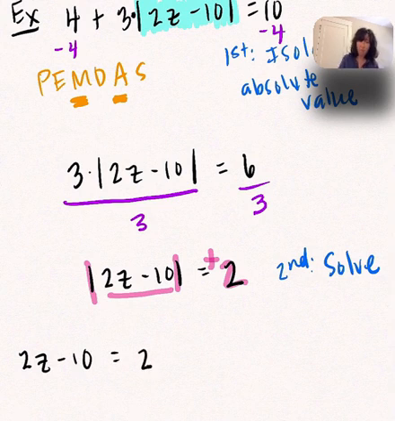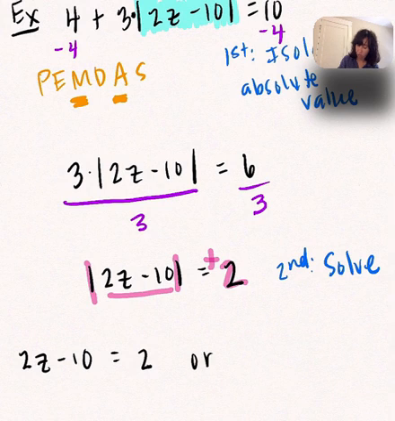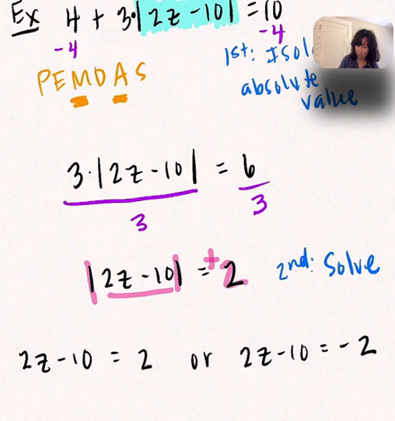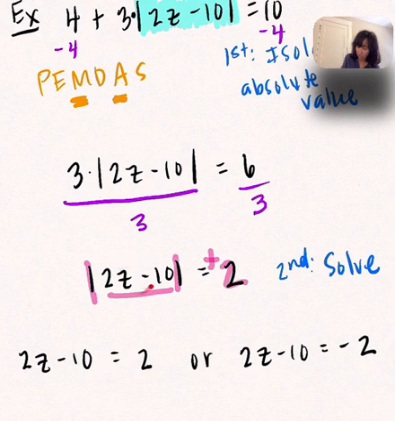But then we also have other solutions that come from setting the inside of the absolute value equal to negative that number. So I'm going to set 2z minus 10 equal to 2, and I'm also going to set 2z minus 10 equal to negative 2.